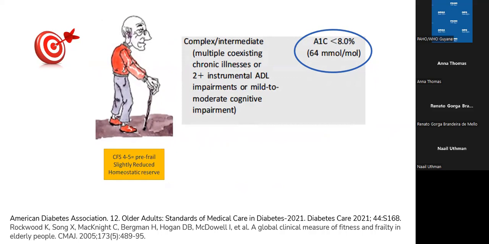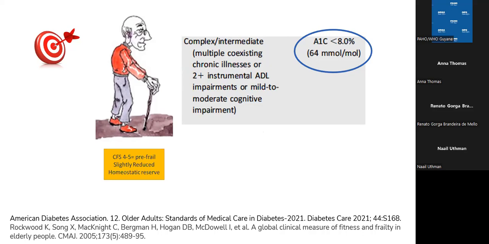We have to prevent metabolic complications because a pre-frail patient usually has a lower life expectancy, lower than 10 years.